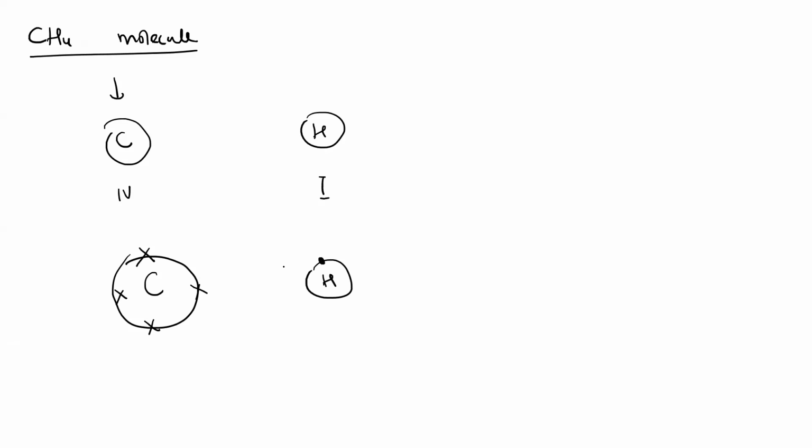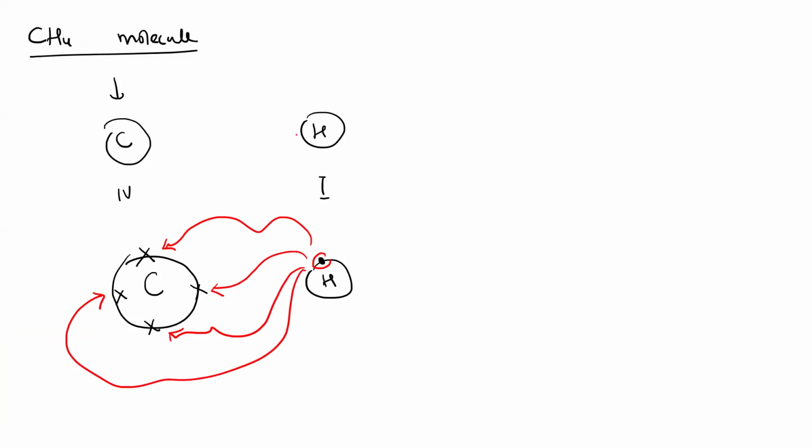Once they decide to pair, what can possibly be the pairing criteria? The pairing happens with each hydrogen being attached to one of these valence electrons. That's how it goes about. So basically, we have 4 hydrogen atoms bonded to one carbon. The structure becomes somewhat like this.